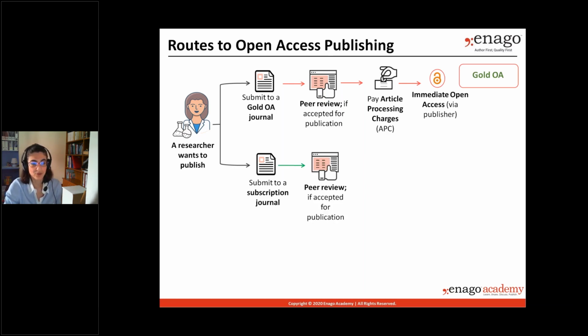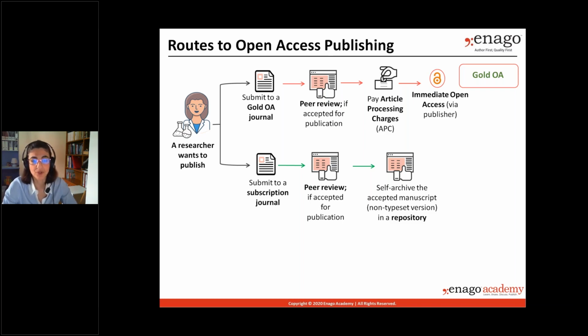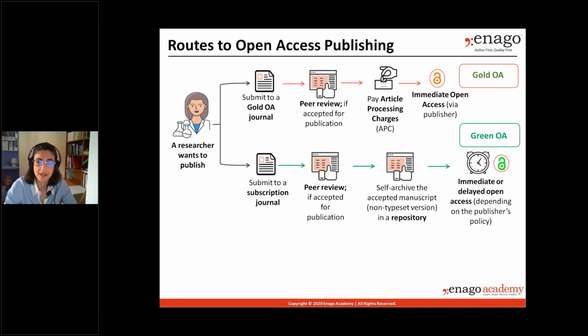Alternatively, they submit to a subscription journal, it goes for peer review. If accepted, they have the option of self-archiving it in a repository, and in the case of green open access, it becomes immediately available to the public or with a delayed open access option, according, of course, to the publisher's policy.